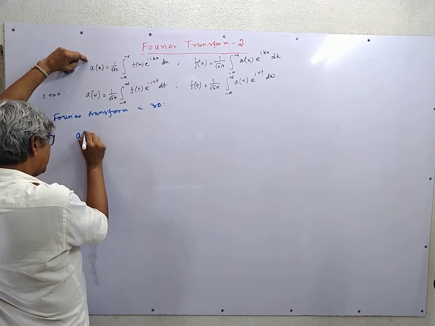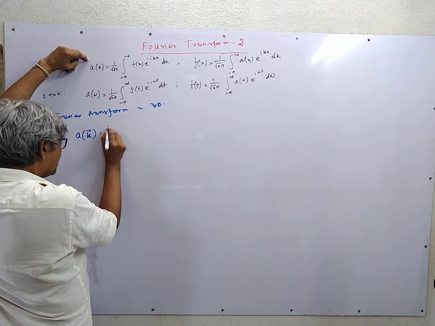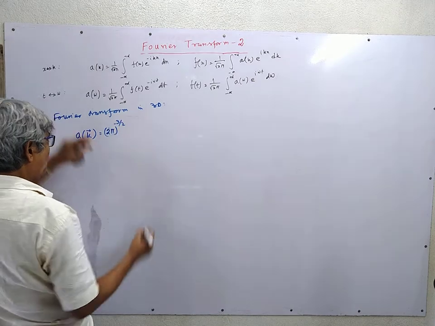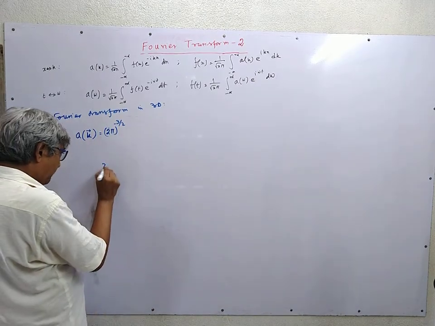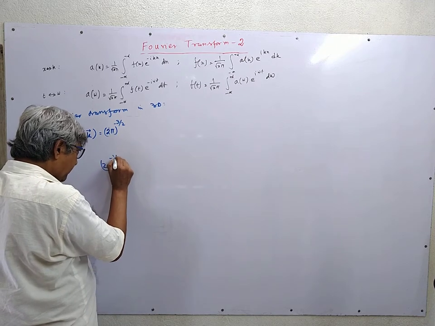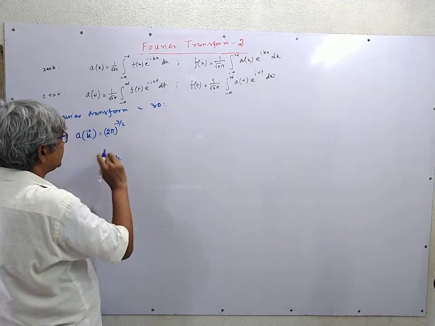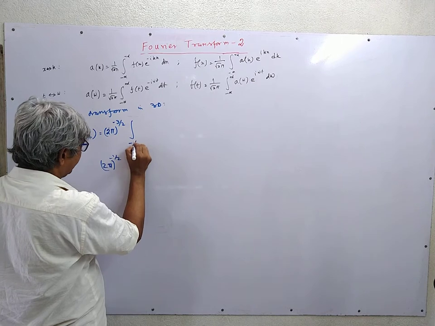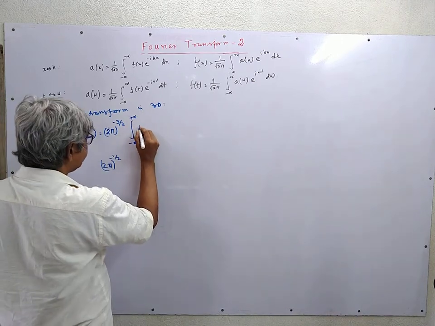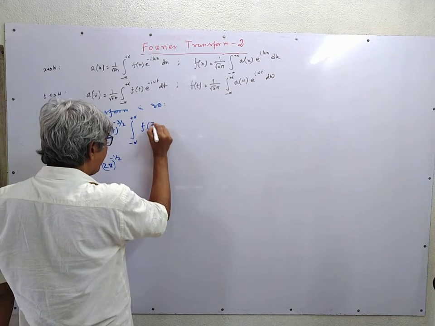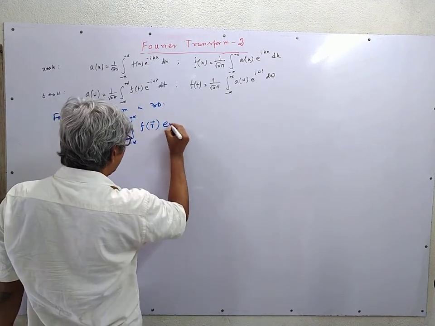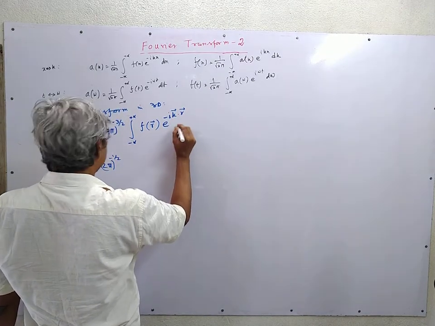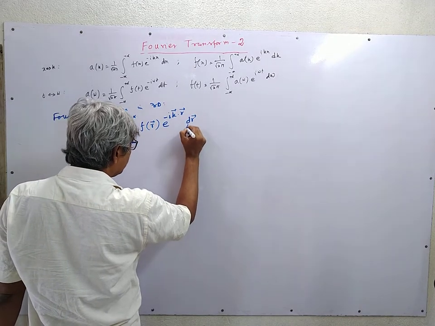A, now it is a vector k, so this is 2 pi to the power minus 3 by 2, the 2 pi to the power minus half coming from each dimension, so with 3 dimensions it is minus 3 by 2. Then this integration is from minus infinity to plus infinity. Here f is a function of vector r, and this quantity will be e to the power minus i k dot r, and the integration is over dr. This is volume integration.